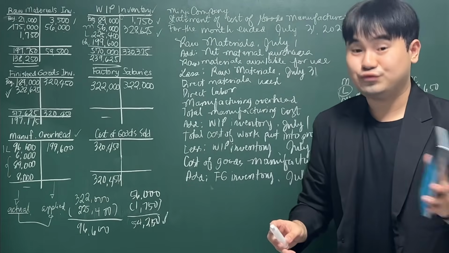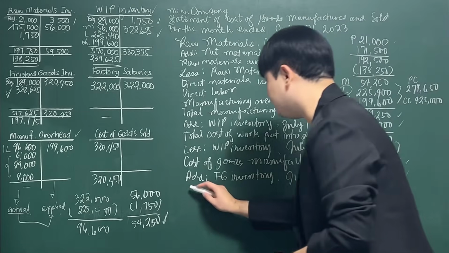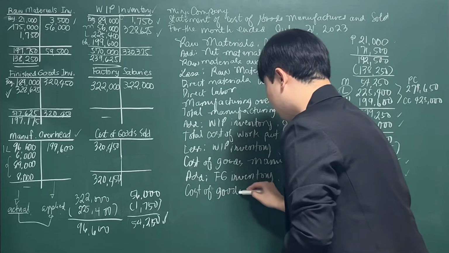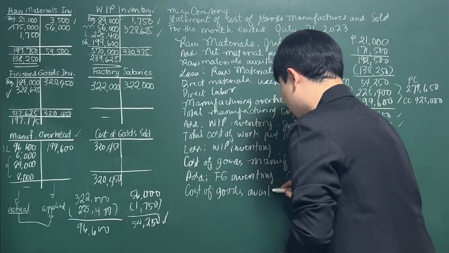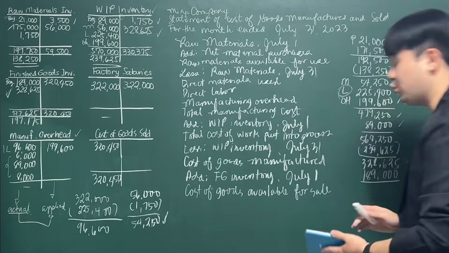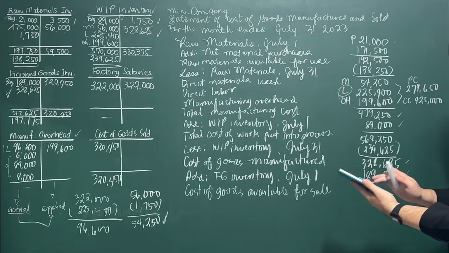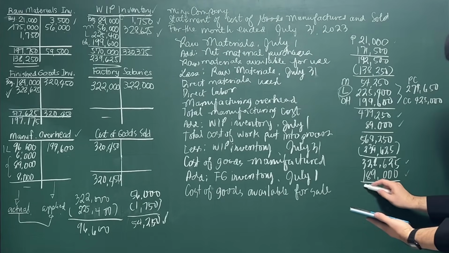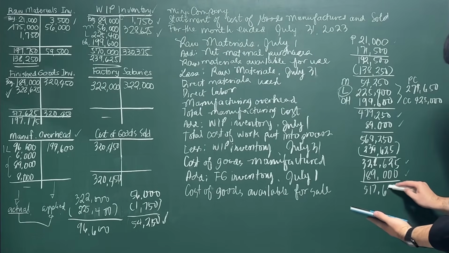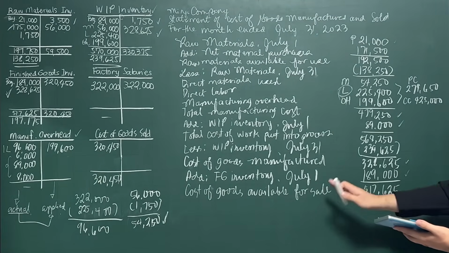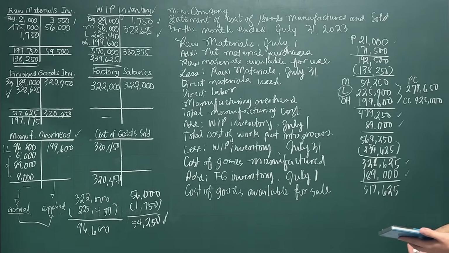So this is cost of goods available for sale. So we add them together. 328,625 plus 189,000. This is 517,625. All of the cost of goods that you can sell, available for sale, 517,625.